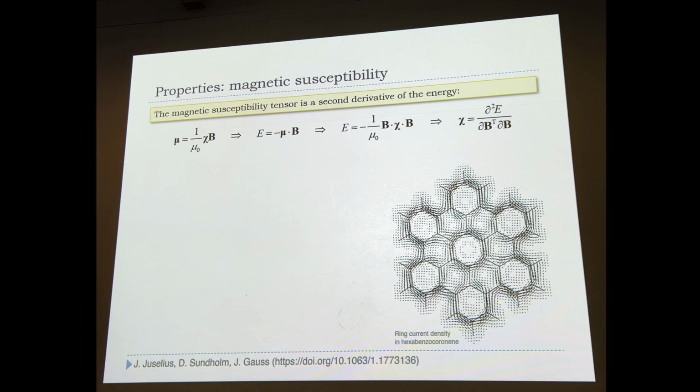Okay, the first and the most obvious magnetic property is of course the susceptibility. If you put a slab of material or some molecule into a magnetic field, it will get partially magnetized.